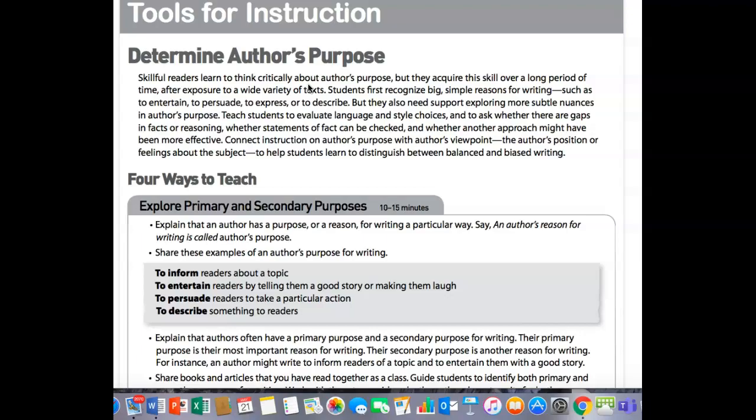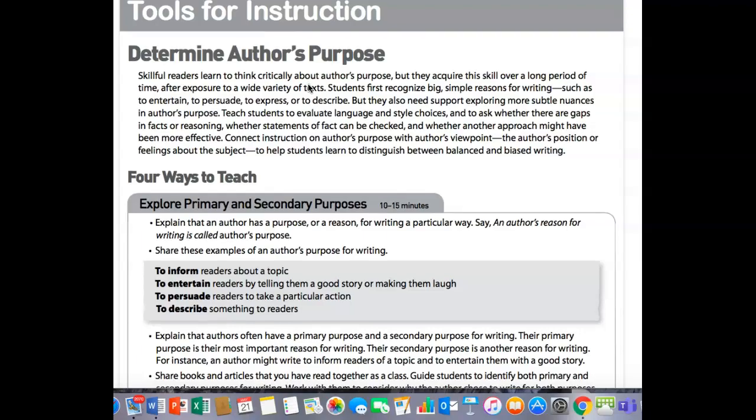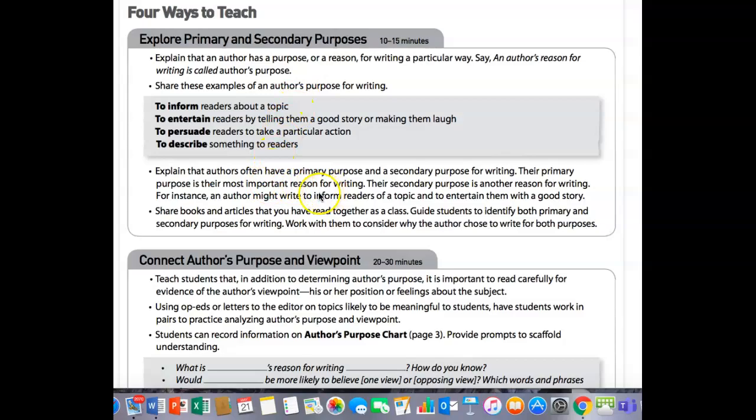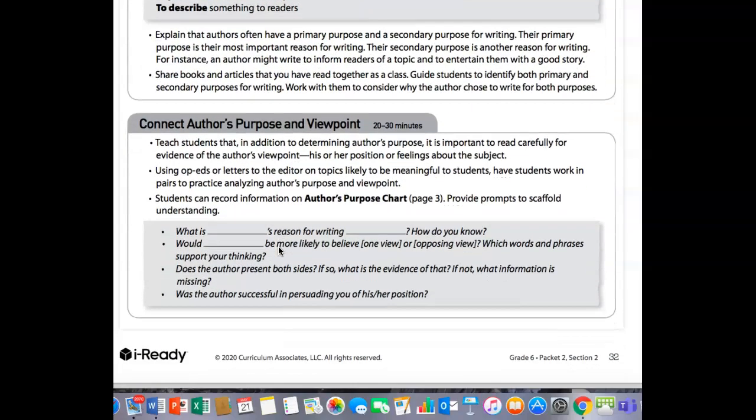And to persuade, to persuade you to do something, okay? And to describe, in narrative writing, describe a place that you've been. Those are the primary purposes for authors to write.